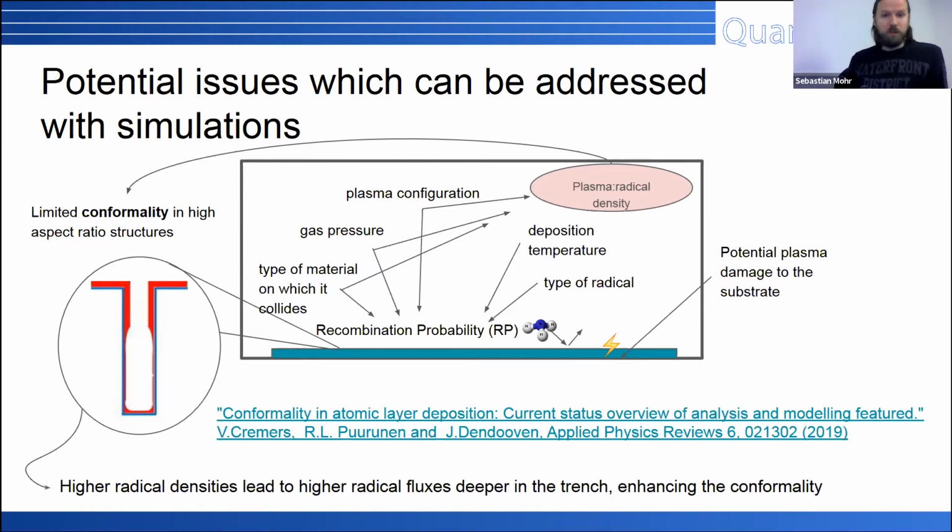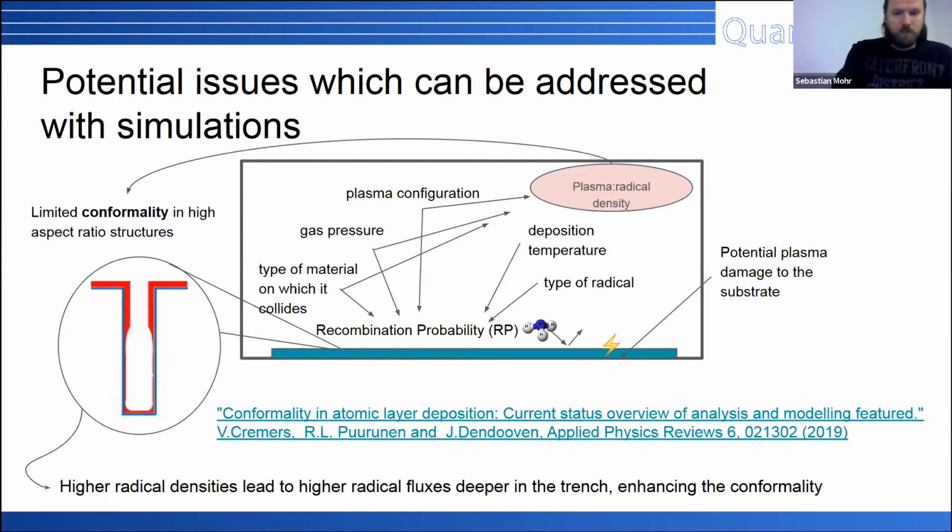So what you in the end want to do is to maximize the flux of the particles which help with the deposition, while minimizing the flux of particles which might damage the deposited layer. In this case, you can use, for example, simulations to find favorable process conditions, where, as I said, you can get a high density of helpful particles and low densities of damaging particles.